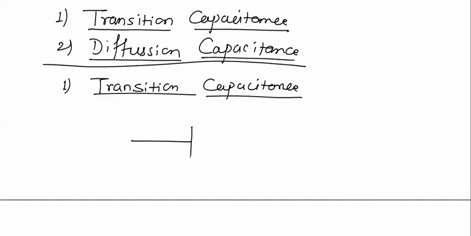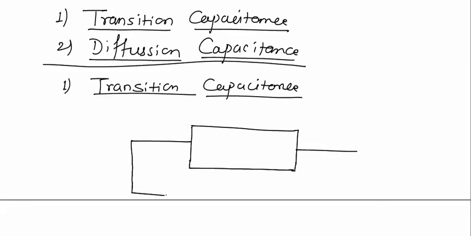Consider a PN junction. It is connected across a battery with this polarity.